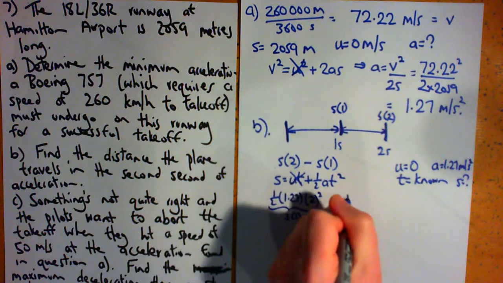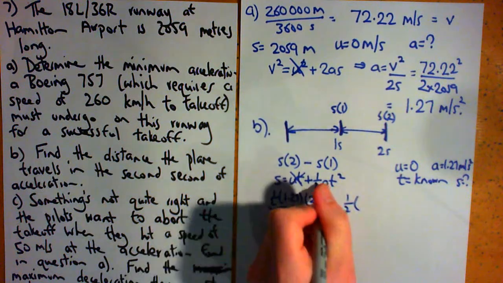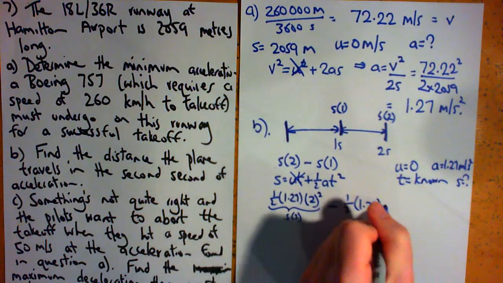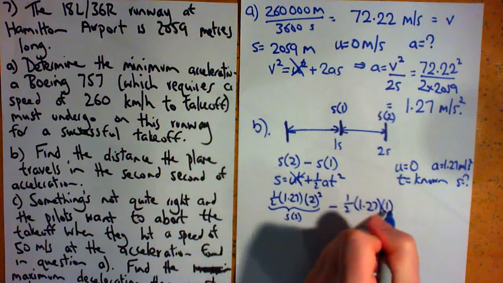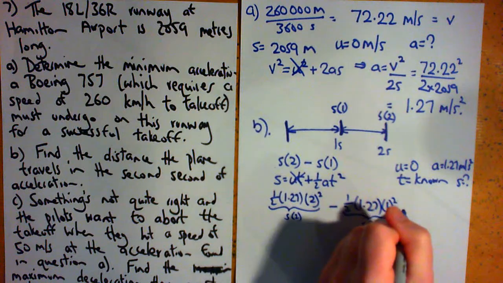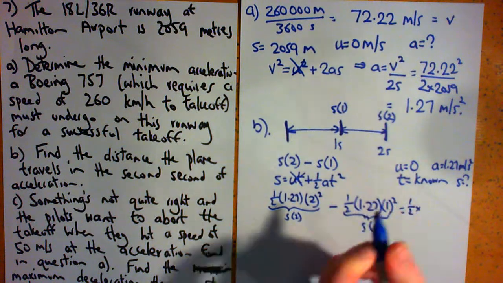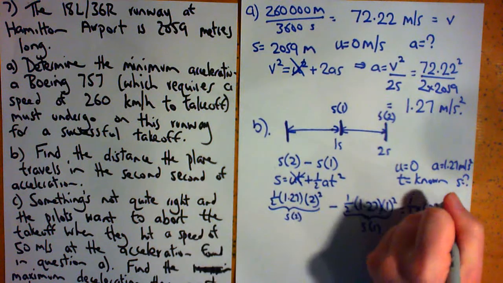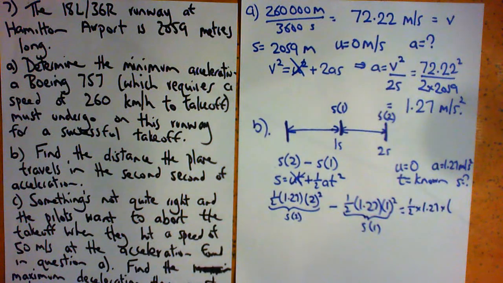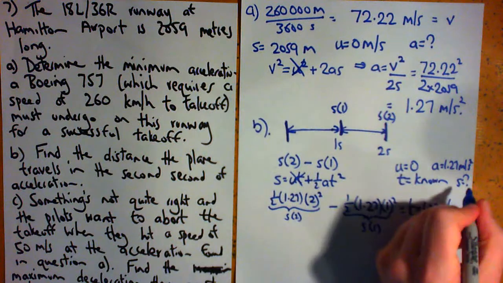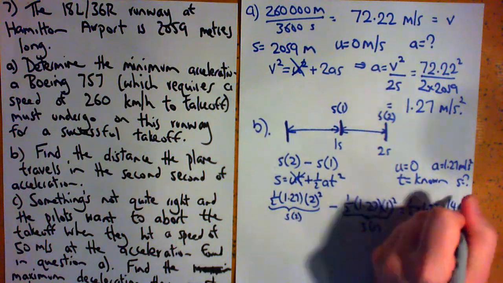So s of 2 minus s of 1 will be, the acceleration is the same, so it's half times 1.27, and for s of 1 the time is 1 second. Let's factorise, taking out the 1.27 times a half as a common factor. So 2 squared here would be 4, and 1 squared would be 1.